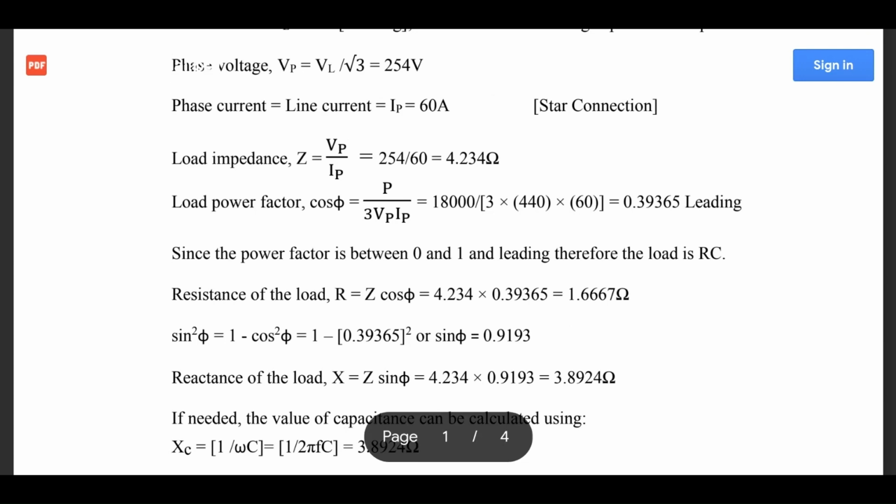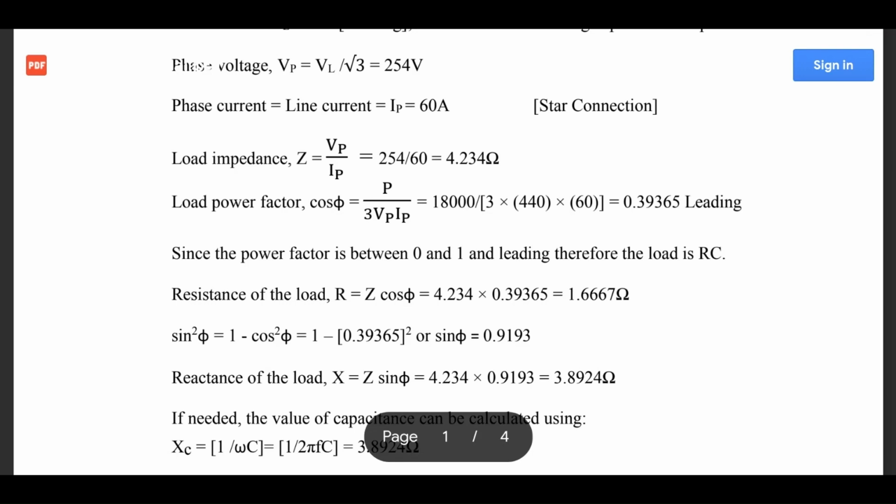Next part is to calculate the power factor. It can be calculated using the power formula, and the load is given in kilowatt or watt, which indicates that the real power is given. So we have to apply the formula of the real power, P is equal to 3 V I cos phi, where V and I are the phasor quantities given in RMS terms.